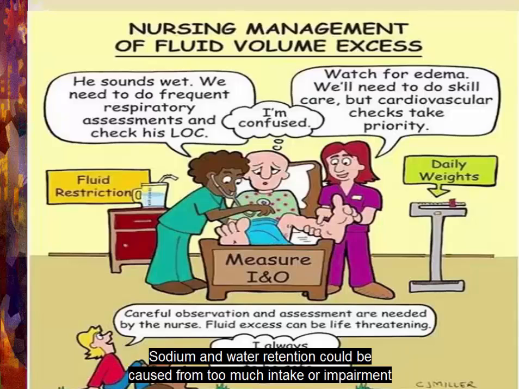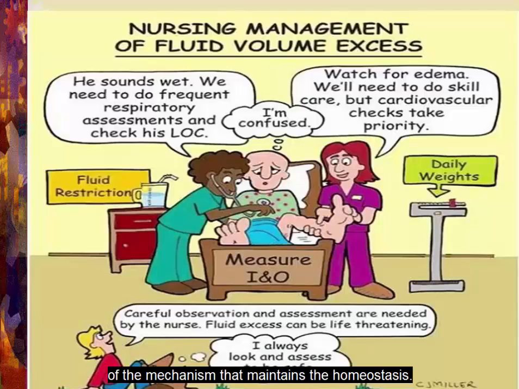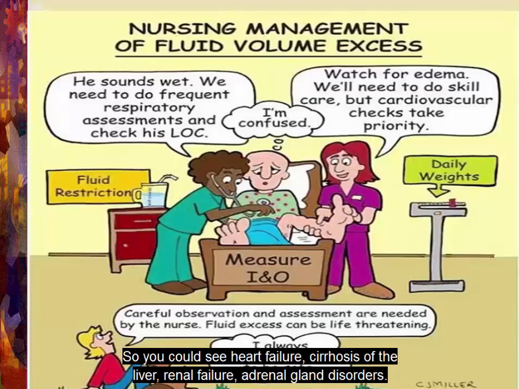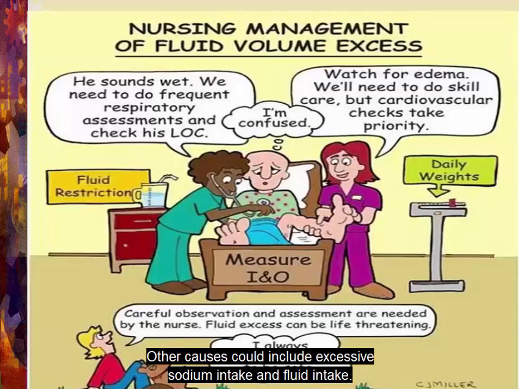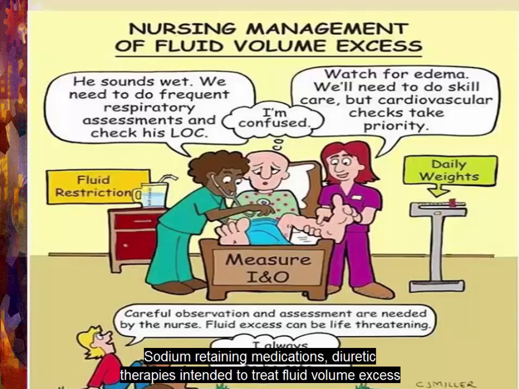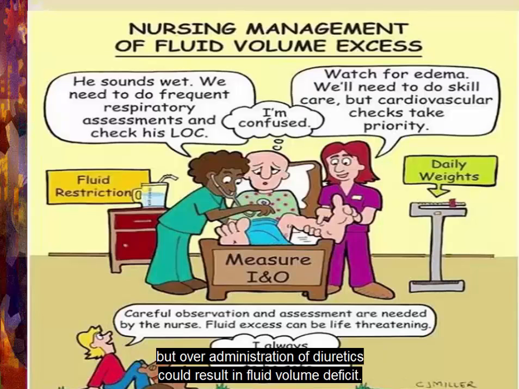Sodium and water retention could be caused by too much intake or impairment of the mechanism that maintains homeostasis. So you could see heart failure, cirrhosis of the liver, renal failure, adrenal gland disorders. Other causes could include excessive sodium intake and fluid intake, and sodium-retaining medications. Diuretic therapy is intended to treat fluid volume excess, but over-administration of diuretics could result in fluid volume deficit.